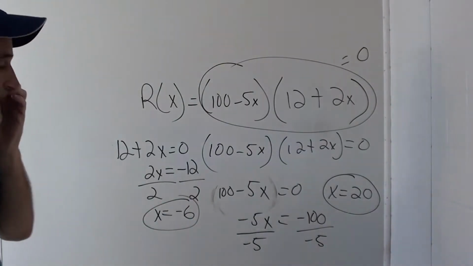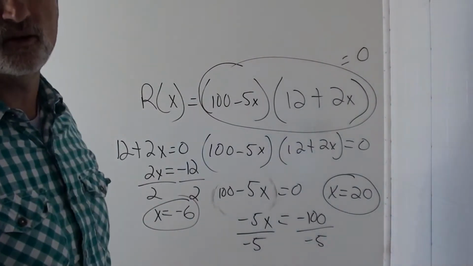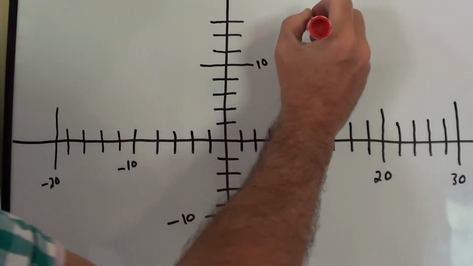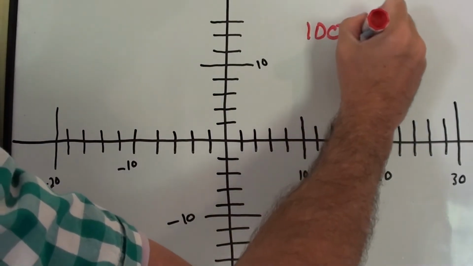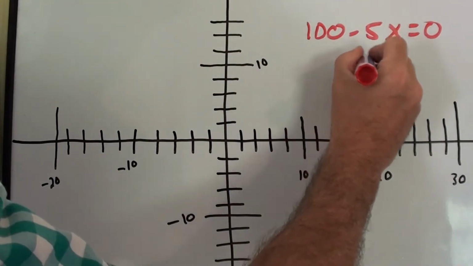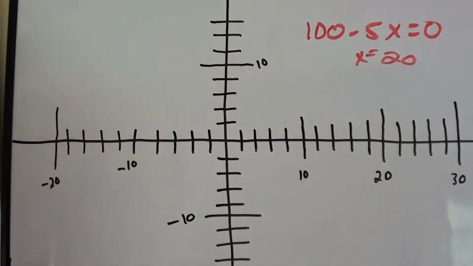X equals negative 6. So now let's go over to a graph. All right, in the first example, we took 100 minus 5x. We set it to 0, and we came out with x equals 20. Right? All right, so let's plot that, okay?